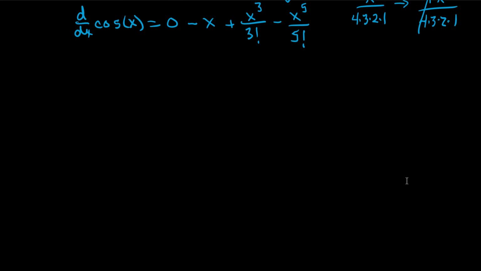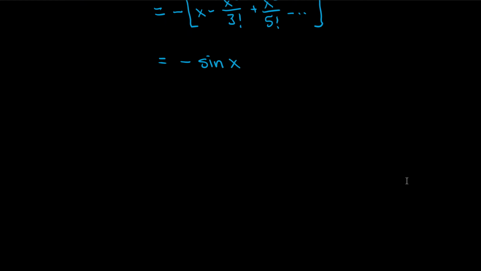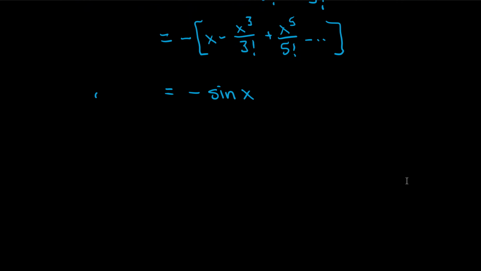So this can be rewritten if I factor out a negative and I drop that 0 as x minus x cubed over 3 factorial plus x to the 5th over 5 factorial minus, which really gives me then negative the sine of x. So what this says is if I take the derivative of cosine, what I'm going to wind up with is negative the sine.